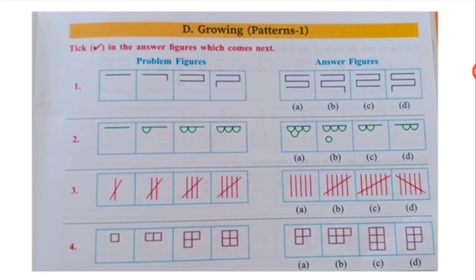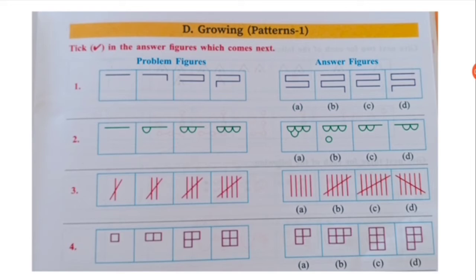and yes, C will be the next figure, because already we have drawn 1, 2, 3 and 4 lines, so we want the fifth line in the next figure. That is why C is the correct option. Next, number 2: sleeping line and one half circle close to that line, then in the third picture 2 half circles, and then in the fourth picture 3 half circles.